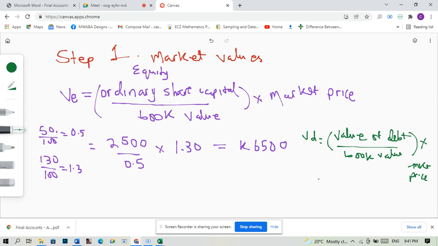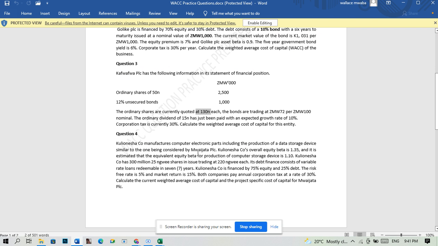Market price of debt. So we go back to our question and we see, all right, so the value of the debt is 1,000. Okay. The book value of the debt is this 100 kwacha here, this per 100 kwacha here, that's the book value. And then the market price of the debt is 72 kwacha.